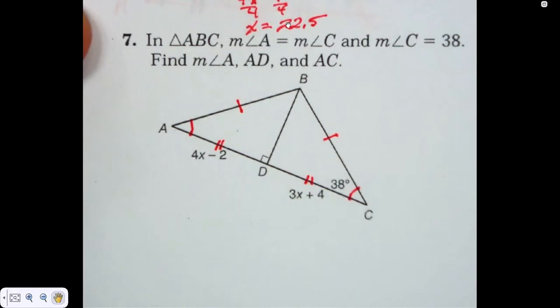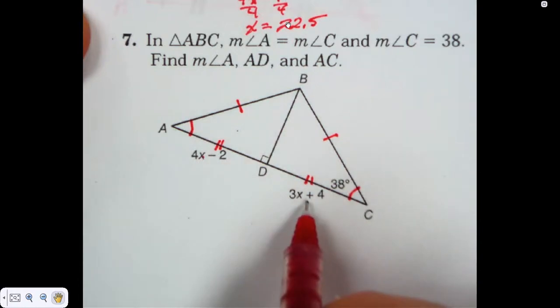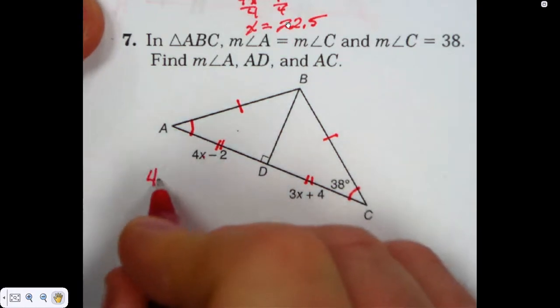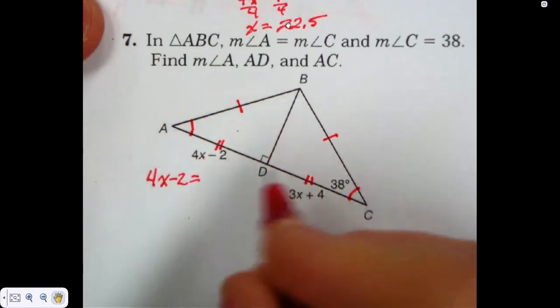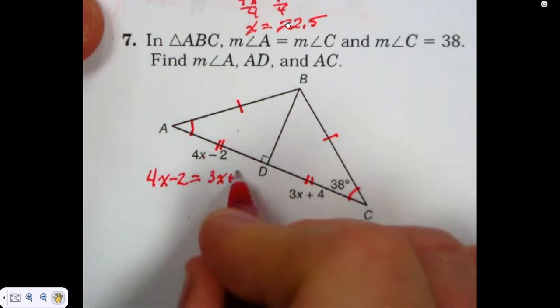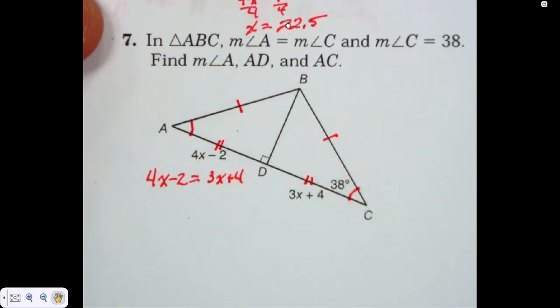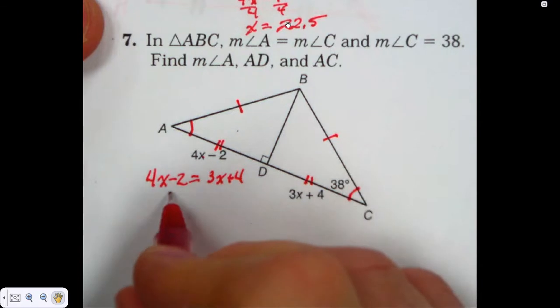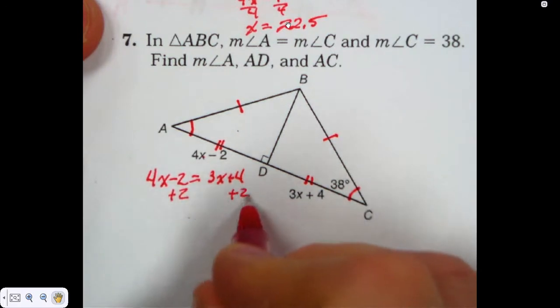Why is that so helpful? Now I can find what? Because I have a way to relate that to that. What are these two things right here? So what is my equation? 4x minus 2 equals 3x plus 4. Agreed? What do I need to do now? Add 2.